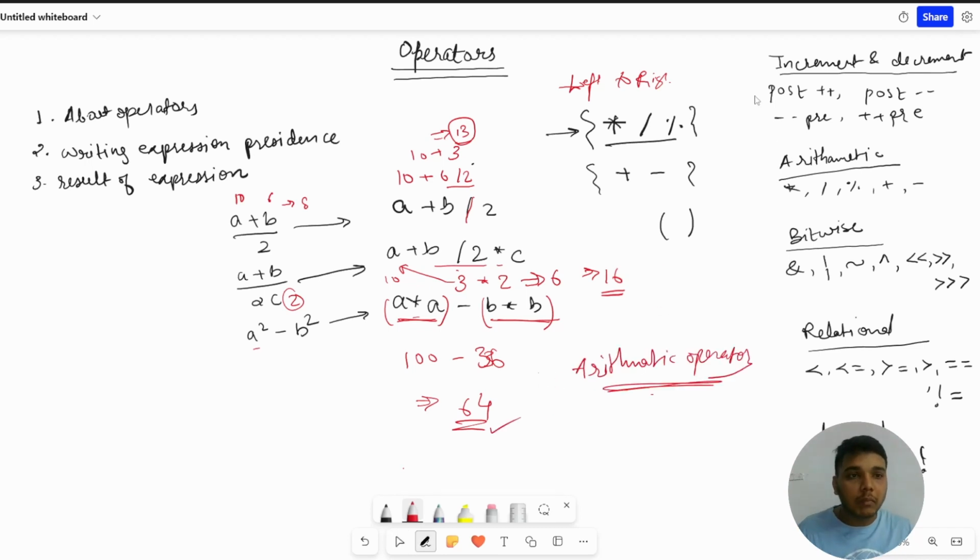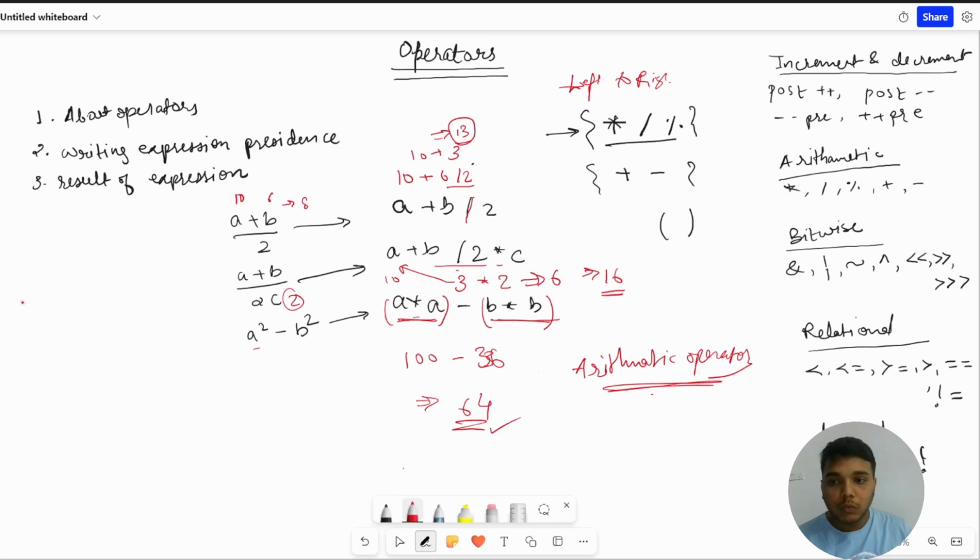Now we will move to the increment and decrement operators. Before that, let me tell you one important concept about coercion. Coercion means that internally Java changes the data types. Let me explain with an example.